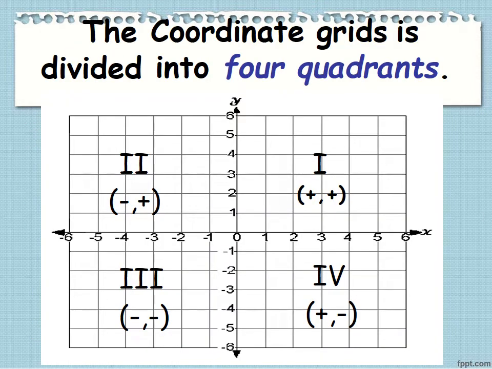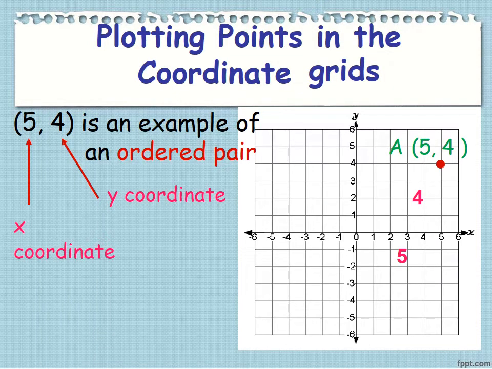The coordinate grid is divided into four quadrants. Any point in the coordinate plane is characterized by two coordinates. Let's consider point A. Point A is located in quadrant 1.